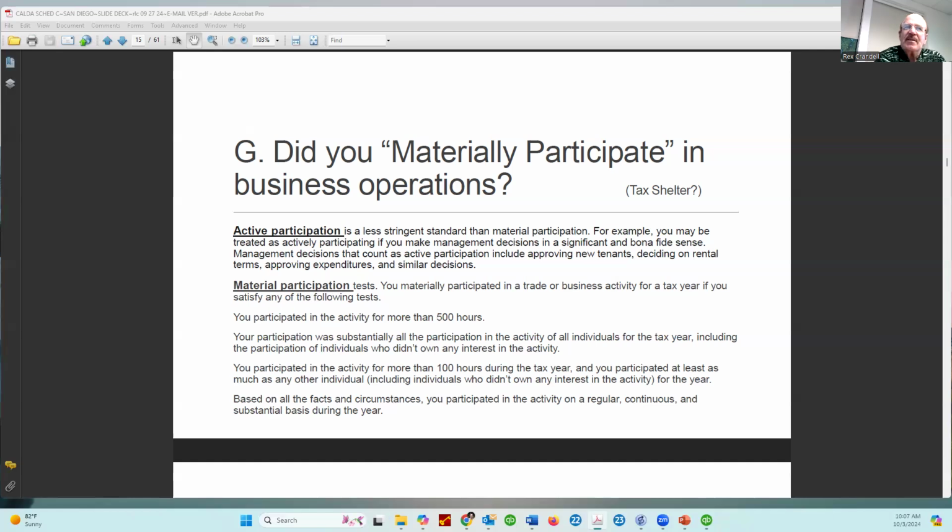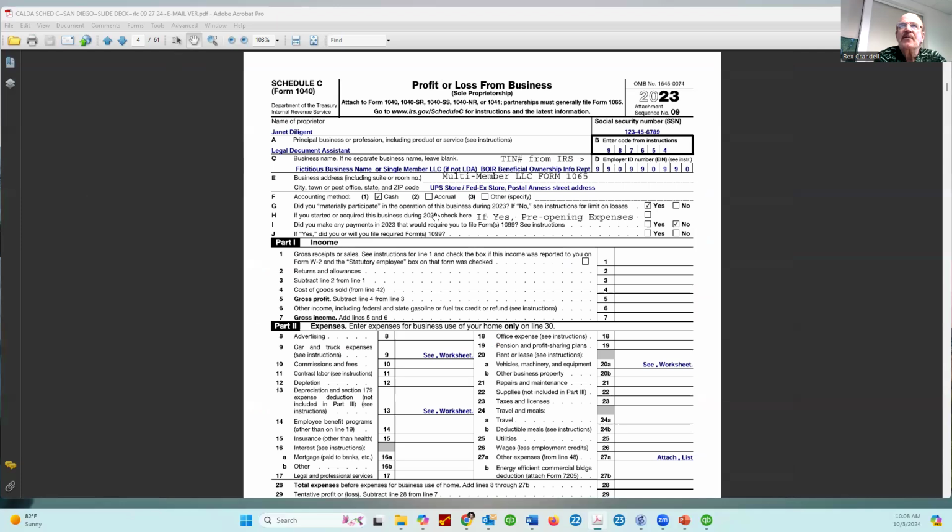You participated in the activity for more than 100 hours during the year, and you participated at least as much as any other individual, including individuals who don't own any interest in the activity for the year. Or, based on all the facts and circumstances, you participated in the activity on a regular, continuous, and substantial basis during the year. Well, this sounds like a bunch of mumbo jumbo, and it is.